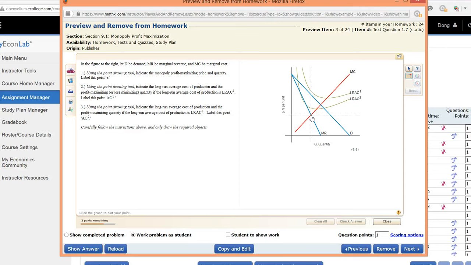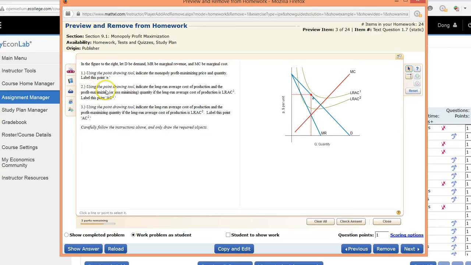And for price, we know that it has to be on the demand curve. So with that output level, the price which lies on the demand curve, that's the point here. So that's my equilibrium point. So that's it for the first part.